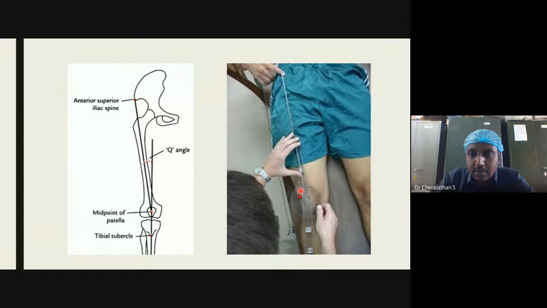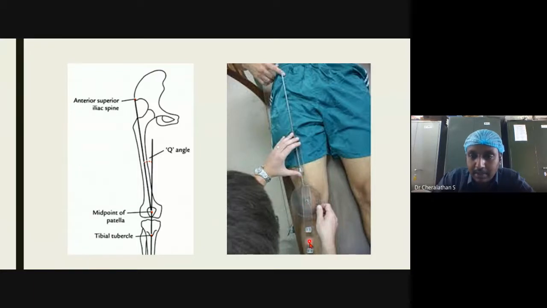And this instrument we call the goniometer, right? Hope you all have seen a goniometer. Has anybody seen it? This is usually used to take clinical angles in a patient. It has a center point and it has 2 limbs. One limb is kept parallel to this white thread.